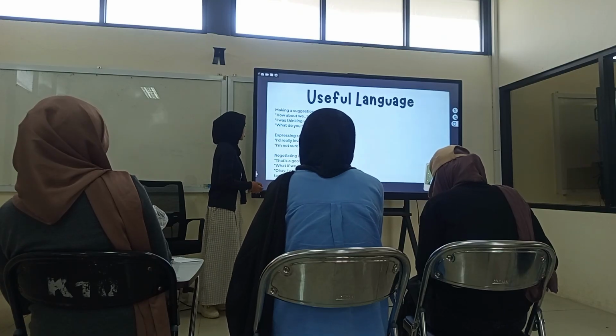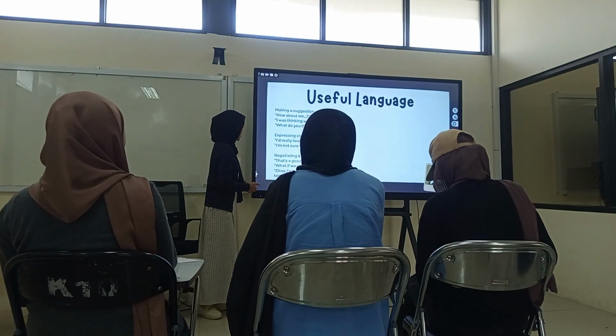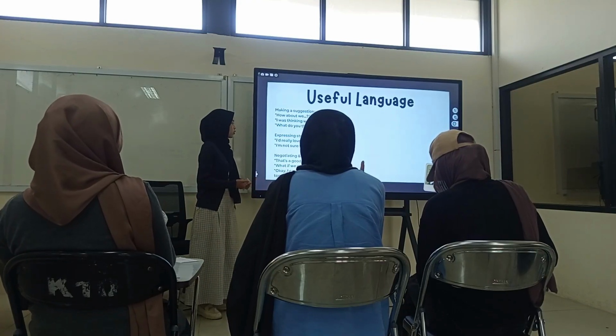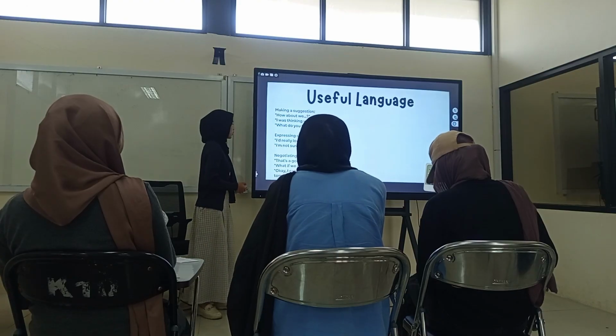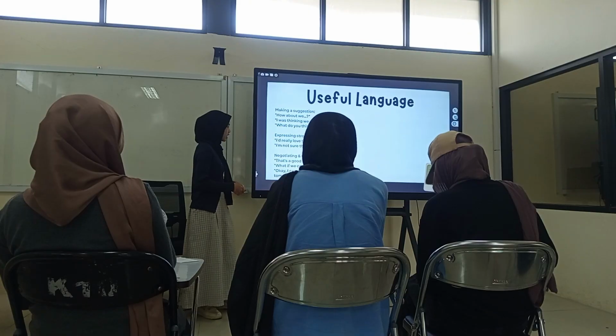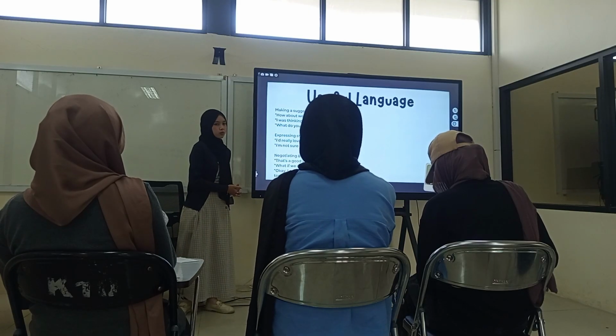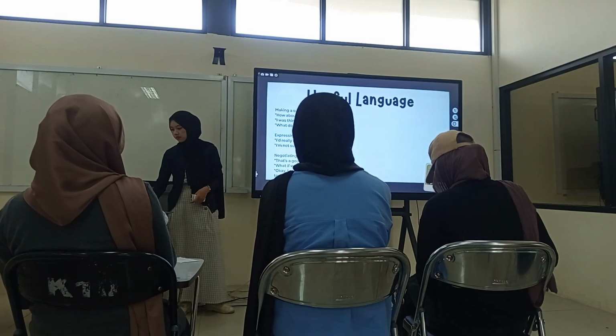And the last is negotiating and compromising. The sentences are: that's a good idea, but could we also? What if we combine both ideas? Okay, I can agree with that if we can do this tomorrow. Please remember this useful language for your role play.